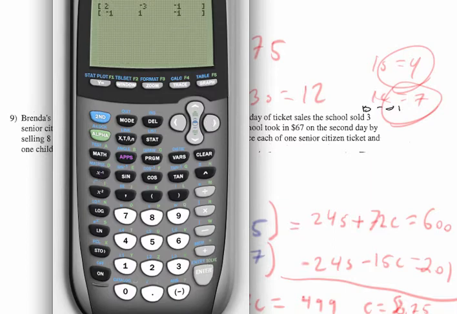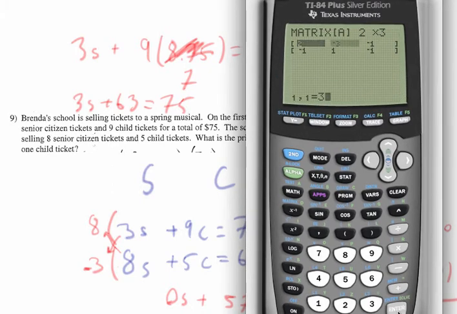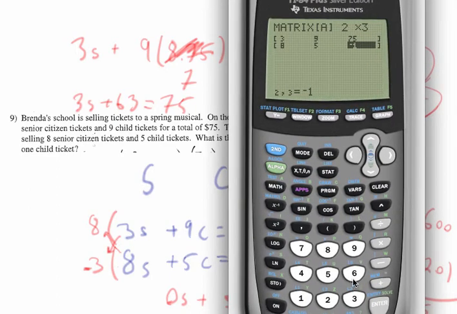So from here, I just need to put in my numbers that were there initially, which was the 3 senior tickets plus 9 kids tickets was $75, and 8 senior tickets plus 5 kids tickets was $67.